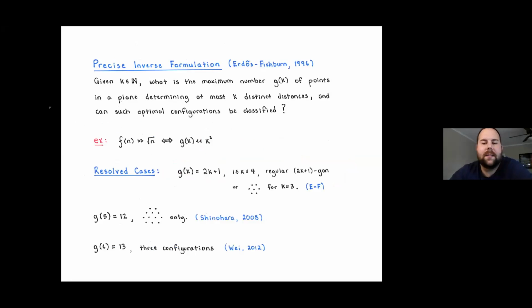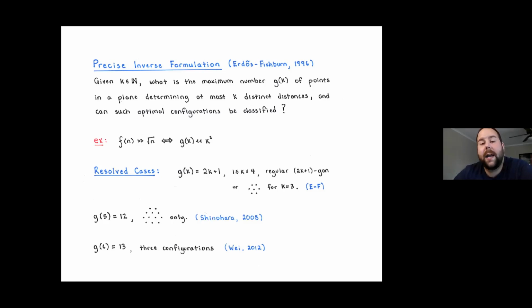What I mean by that is, instead of fixing the number of points and asking for the minimum number of distances, you could fix the number of distances and ask for the maximum number of points. And also, if you wanted to be even more ambitious, you could try to classify the configurations that achieved that maximum.